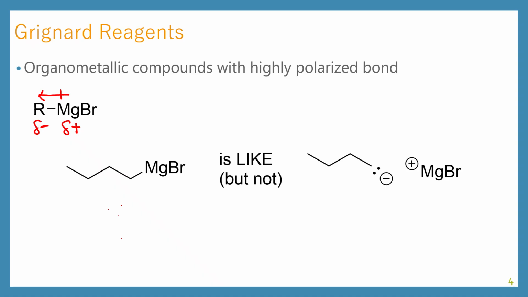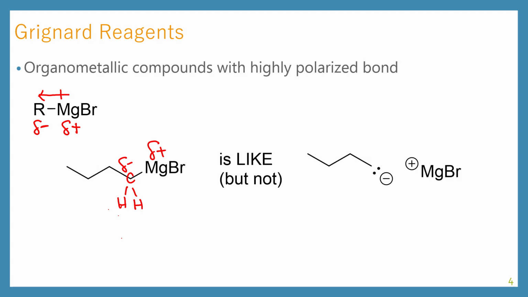So let's look at the example below. This carbon is the carbon directly attached to the magnesium. Let's go ahead and just highlight it as carbon, and it does have 2 hydrogens on it. Let's go ahead and give it that. This bond is highly polarized. There's a huge partial negative on this carbon and a huge partial positive on magnesium.